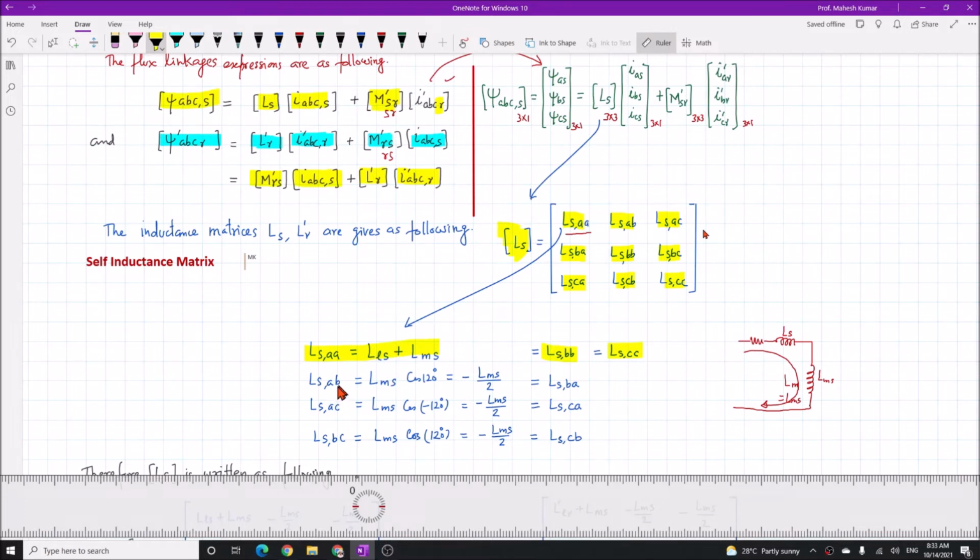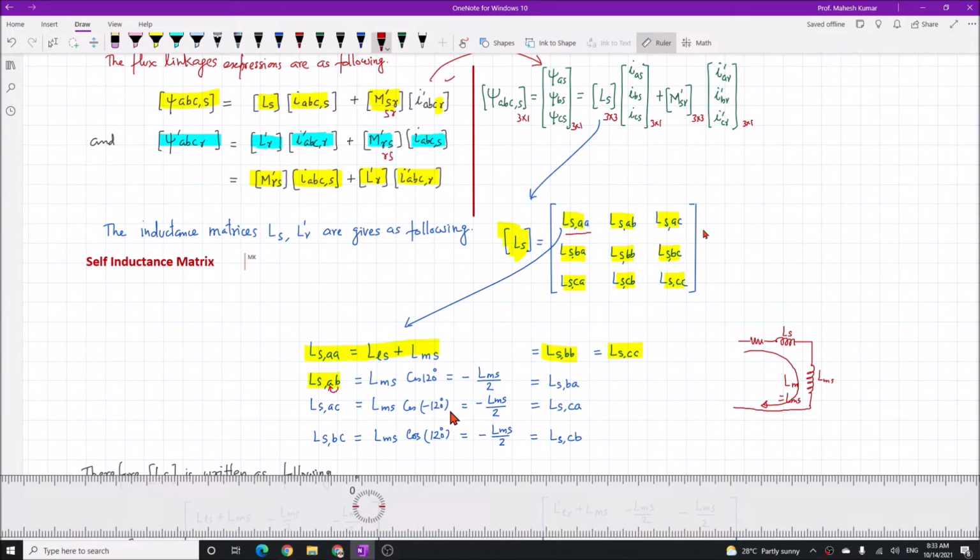Now LSAB is the inductance that arises because of the flux linkage of B phase current to A phase winding. How much flux linkage takes place because of B phase current into the A phase winding?